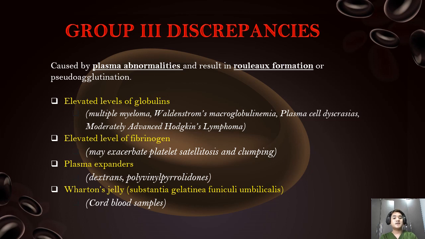Elevated fibrinogen levels, use of plasma expanders like dextrans and polyvinyl pyrrolidone as fluid replacement therapy, and a favorite board exam pointer, your Wharton's jelly, which is also termed substantia gelatinea funiculi umbilicalis, which is primarily a surfactant made from mucopolysaccharides that serves as a cushion of gelatinous substance protecting the umbilical cord. So take note that the main breakdown of this discrepancy is the presentation of pseudoagglutination that interferes with the ABO blood grouping.